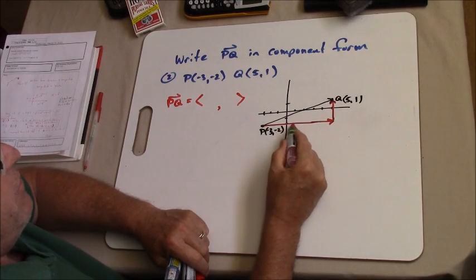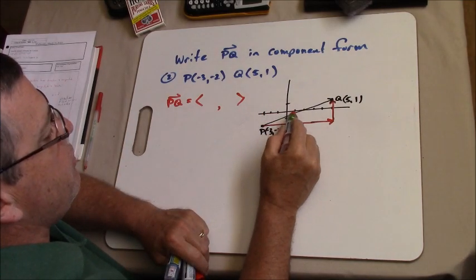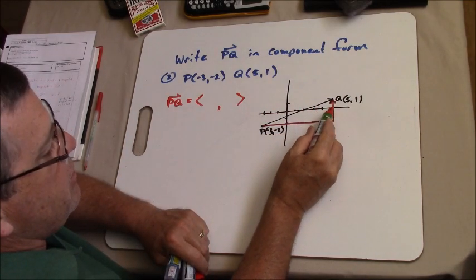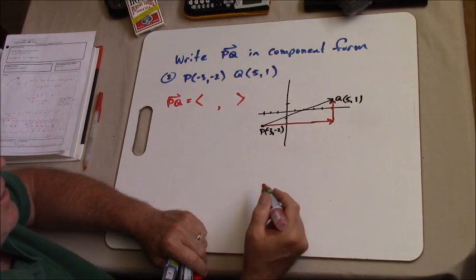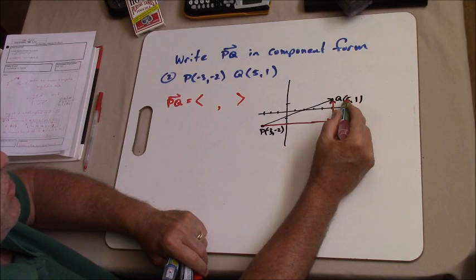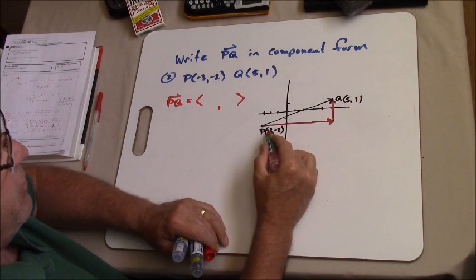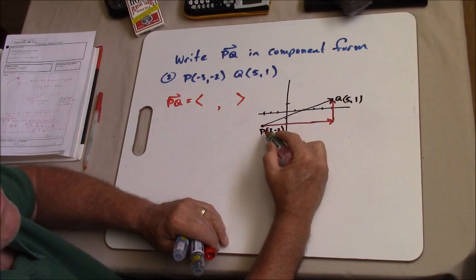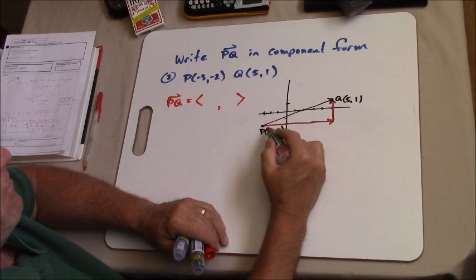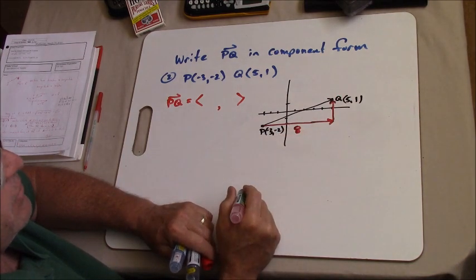And so the length of this segment, I could just count, start right here and go 1, 2, 3, 4, 5, 6, 7, 8. But I kind of like to have a quicker way to do that. And so when you want to know the distance between two numbers, so in this case two x values, how far is it from negative 3 to 5, you do the larger number minus the smaller. So 5 minus a negative 3 means 5 plus 3, that's 8.